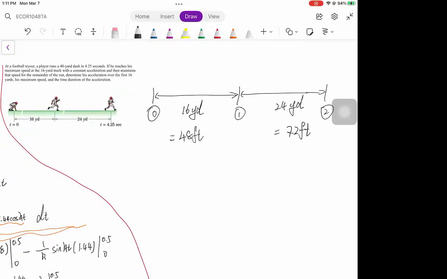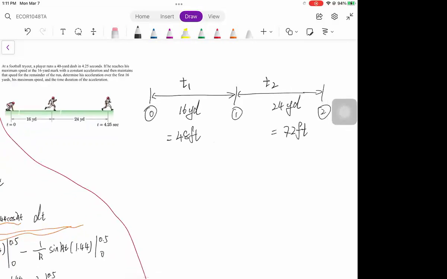And let's say that is T1 and that is T2. So it says T1 plus T2 is 4.25 seconds.